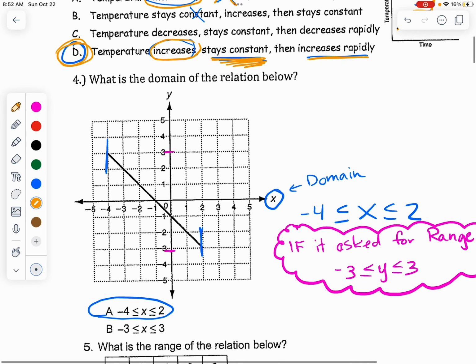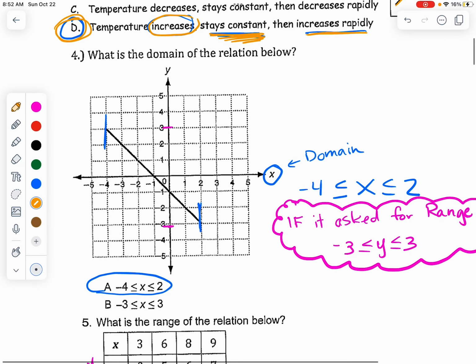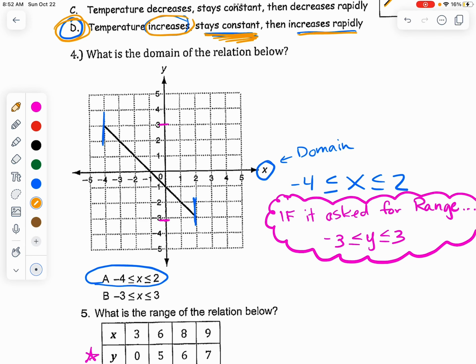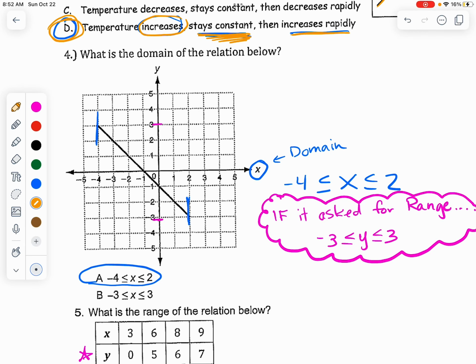On number 4, it asks us which is the domain, and it's a multiple choice question, but it may just be a written question for you on the test. So again, we know that the domain is our x values, and we write this as a compound inequality. Reading and writing from the variable's perspective. So when I look at my x values, I see that it stops at 2 and also stops at -4, right?